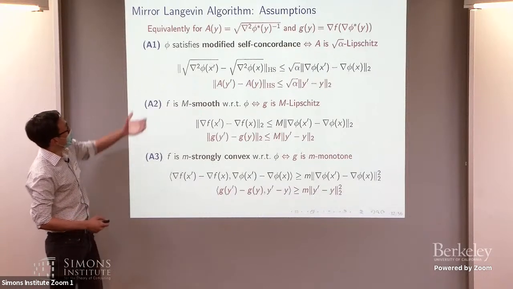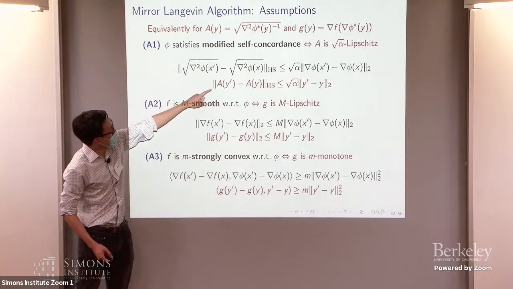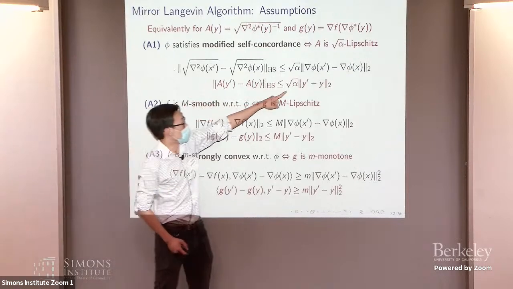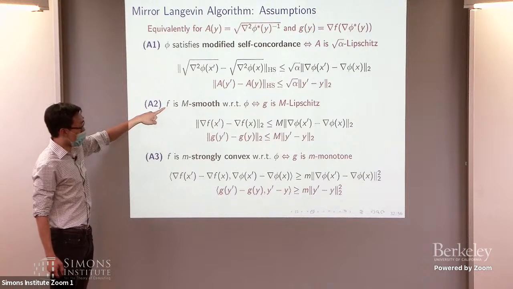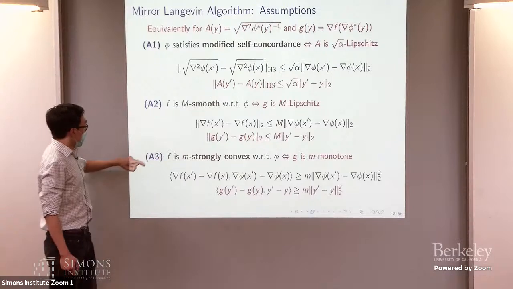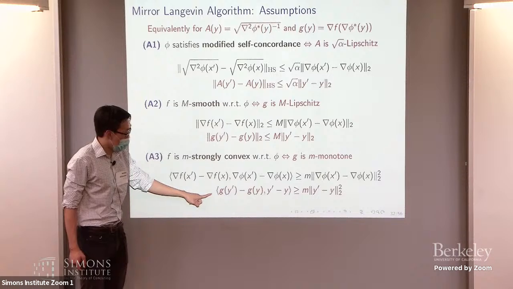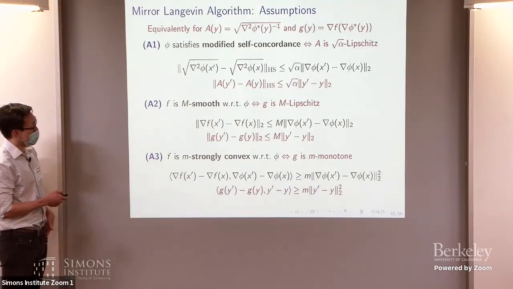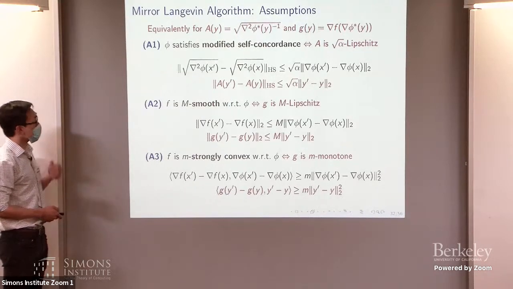Then you can see that this property translates to the property that the matrix A is Lipschitz in the usual sense, right? And f being M-smooth with respect to phi says that this vector G is also Lipschitz. And strong convexity with respect to phi says that this vector G is monotone in the usual sense. So in the dual space, all these conditions become the usual nice conditions that we have previously.